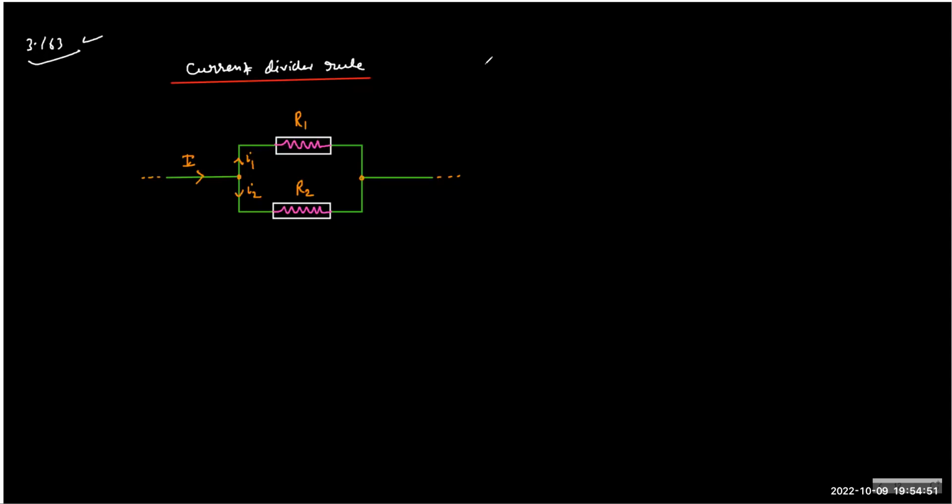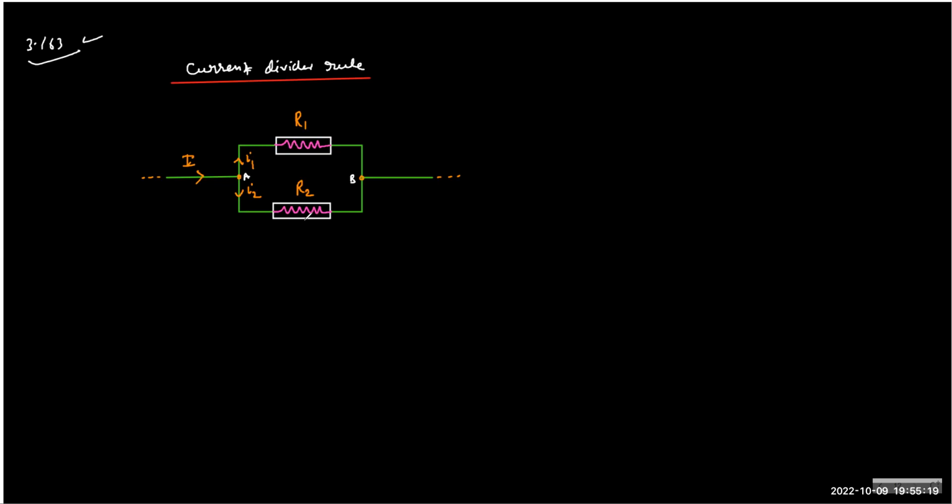If I call this end A and this end B, no matter what path you choose to go from A to B, whether the upper or the lower path, every point in a circuit has a unique potential. Potential is a property of a point, not of the circuit. Since A is the same for both resistances and B is the same for both, the potential difference is the same for both.